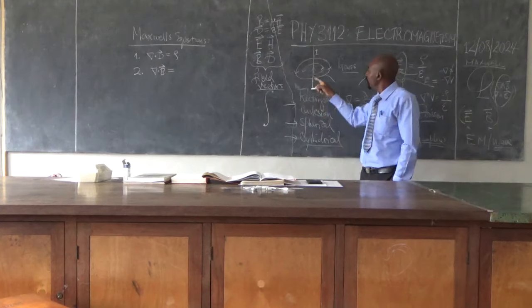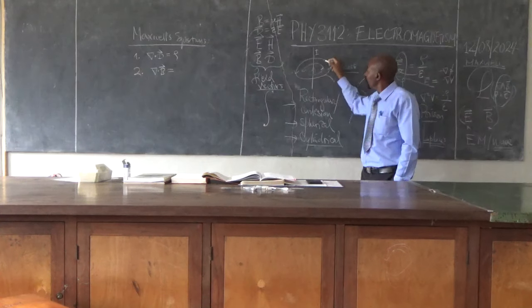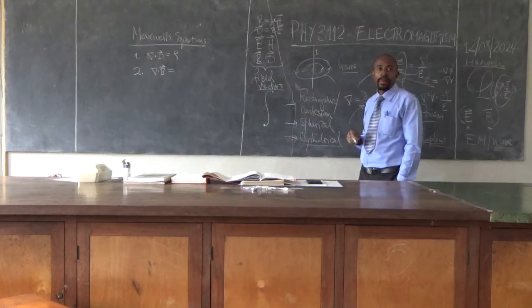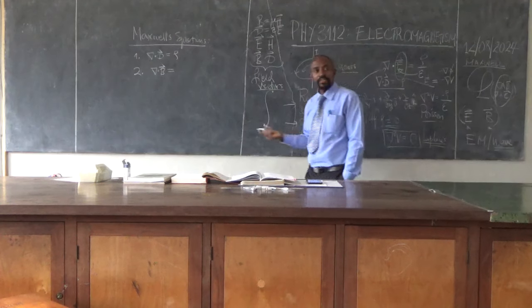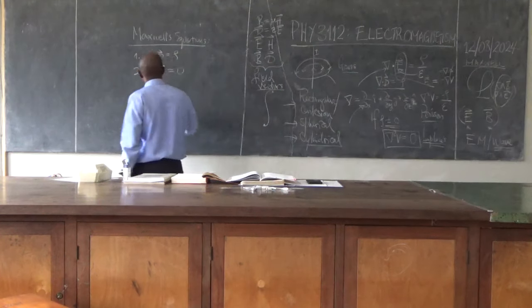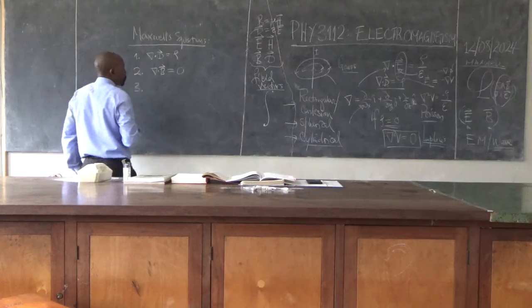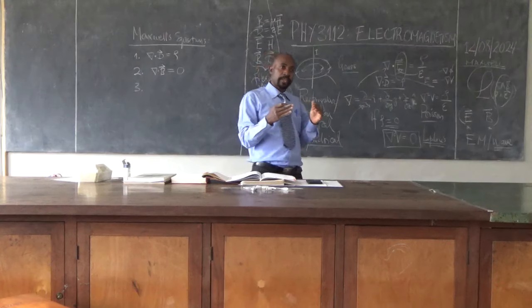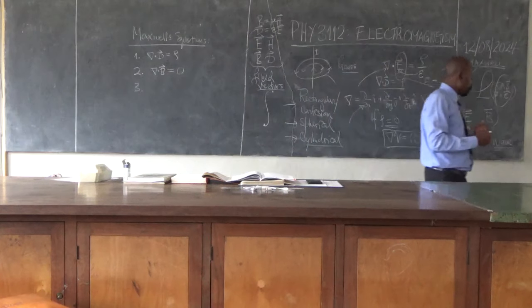You create a neutral region which has zero magnetic force. You get zero. So this is about diverging electric field lines and diverging magnetic field lines.